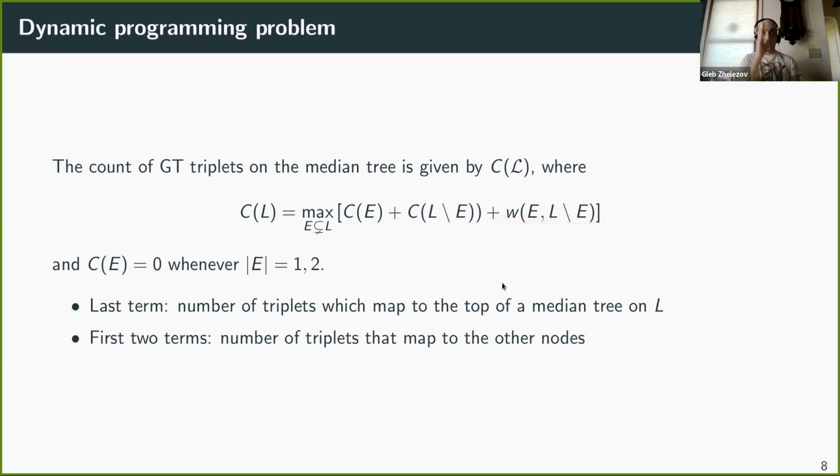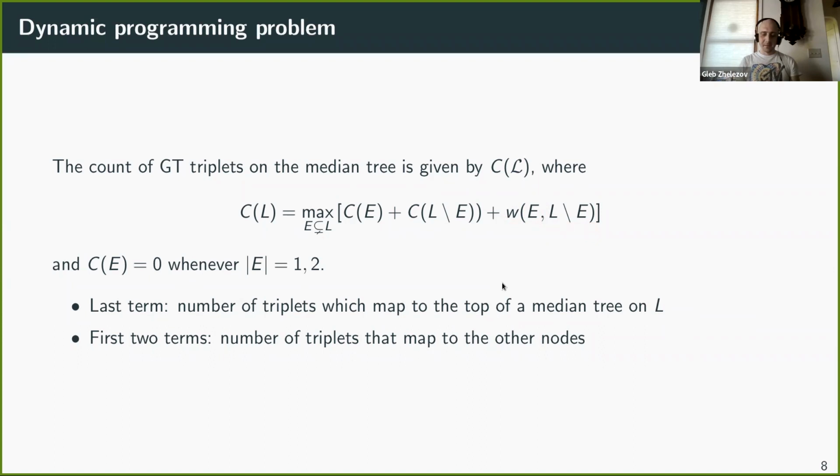So presumably there is a best bipartition if you're computing the median subtree. And so that would have to be E and L minus E. If your set has size 2 or 1, then the count is obviously 0. You can't fit any triplets in there.